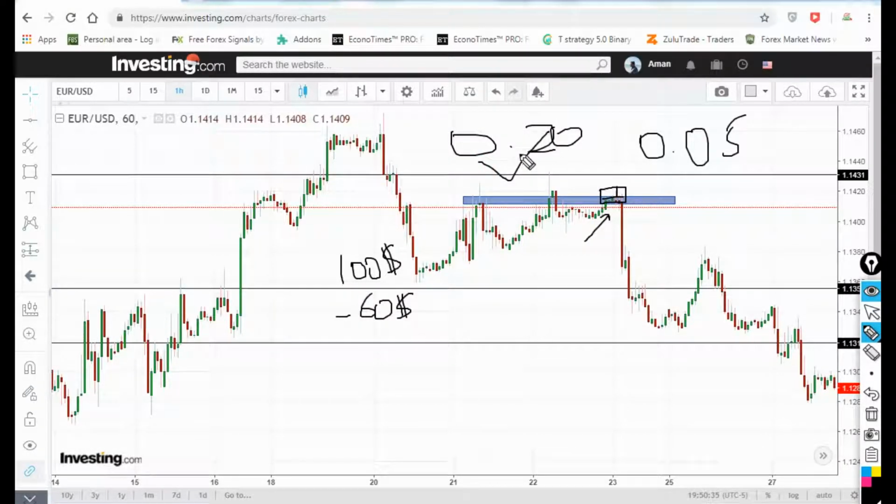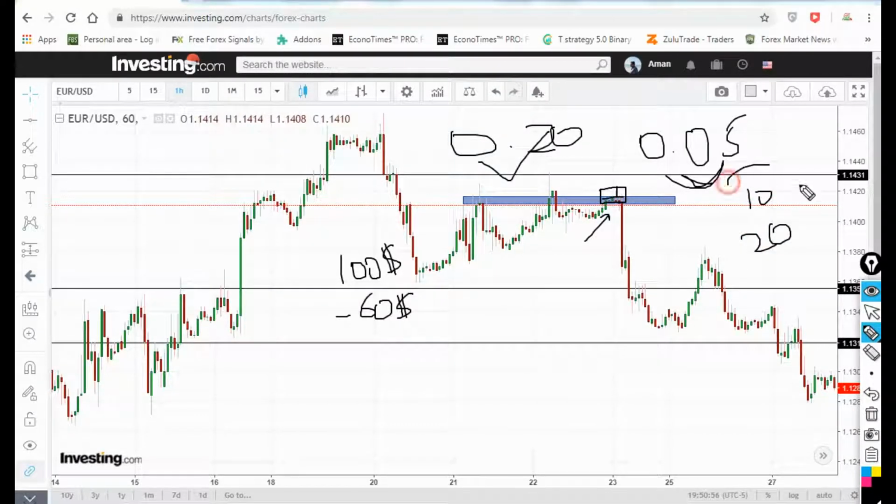But basically this trade size is a true trade size. It's not a bad one, but if you think, no, I have to take 0.05, then in this you cannot take returns, because in scalping you have to take from 10 pips to a maximum of 20 pips. This is your criteria, right?